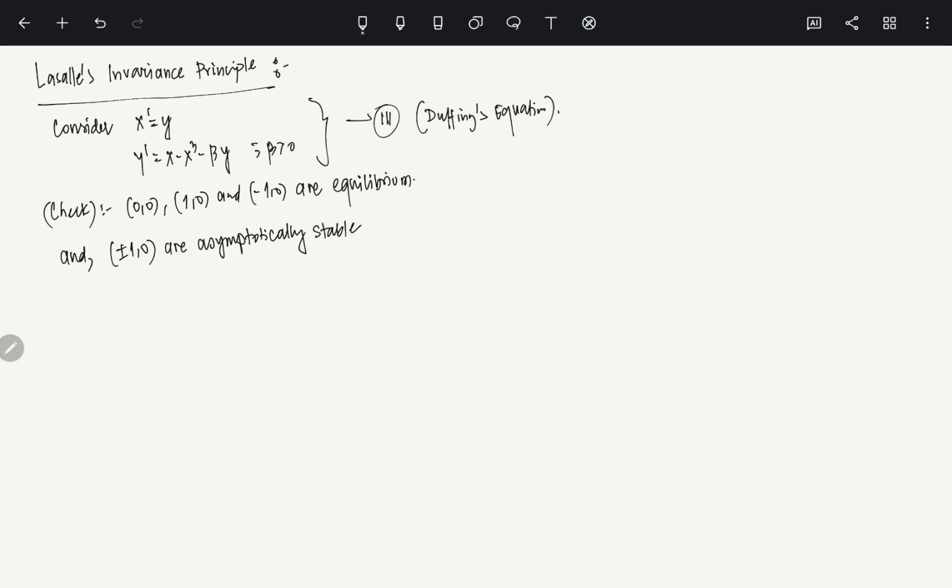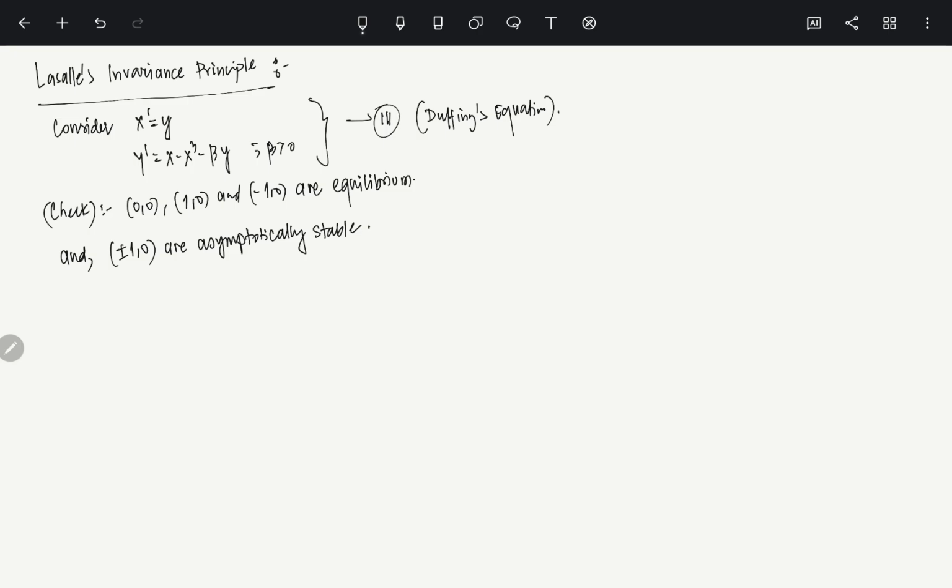Maybe what you can do is use the stable manifold theorem to show that plus minus 1 is asymptotically stable. That you can do, please do that. Now the thing is, we want to use Lyapunov. Since it is asymptotically stable, we can also use Lyapunov to do that, right?